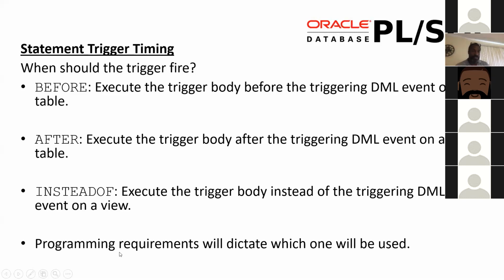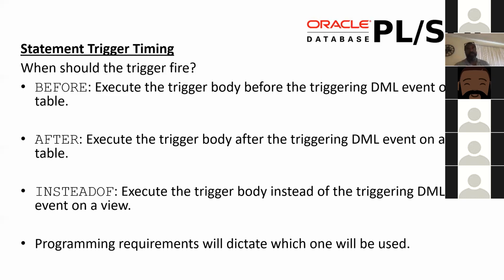And then there's an after association where the trigger fires after the event occurs. And then there's an instead of, and basically the trigger will fire instead of the DML event. And that can have its usages as well. So programming requirements will dictate which one. And all that means is that you need to determine, as the programmer or database administrator, when the trigger should fire.